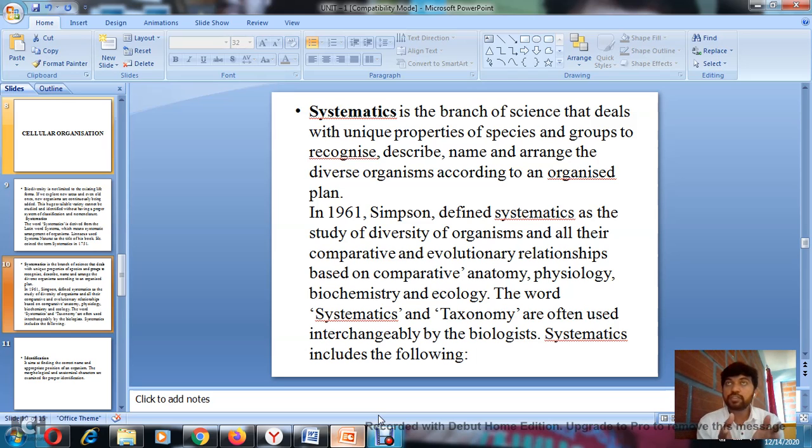Diversity of organisms means different species or different families of organisms are studied under systematics, along with all their comparative and evolutionary relationships, how they are related to each other, like how they have evolved from which ancestors. From a common ancestor every organism has evolved, but in systematics we also have an evolutionary relationship, right?